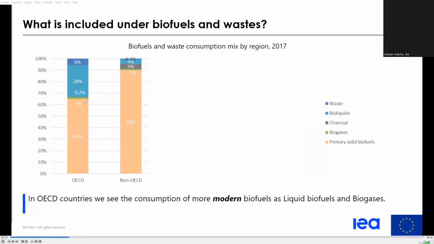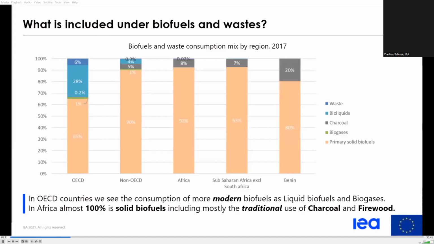These are mostly used in transport, whereas waste is usually used for electricity generation. Now, if we look at Africa, it consists mostly of primary solid biofuels and charcoal that is considered as traditional use of biomass. And in sub-Saharan Africa, it is even more primary solid biofuels.